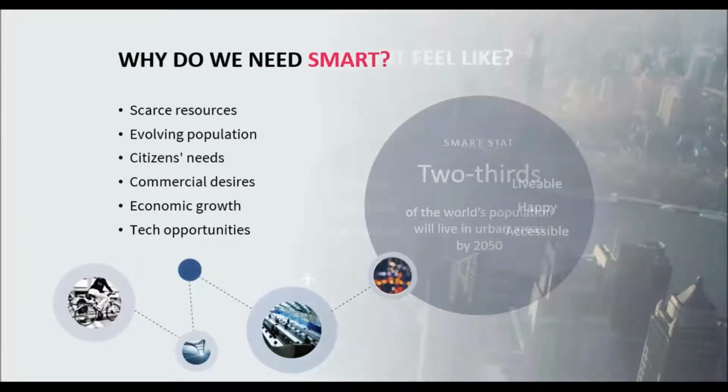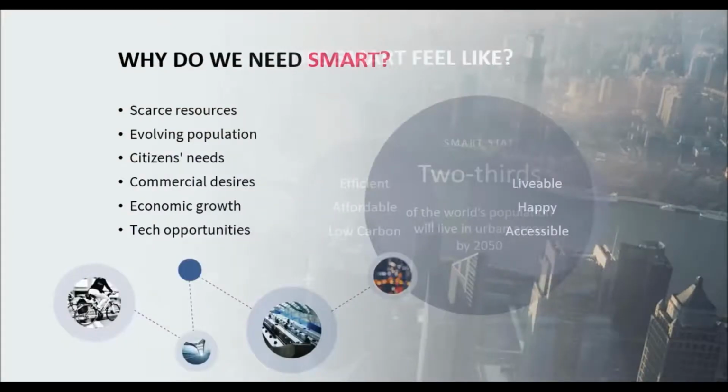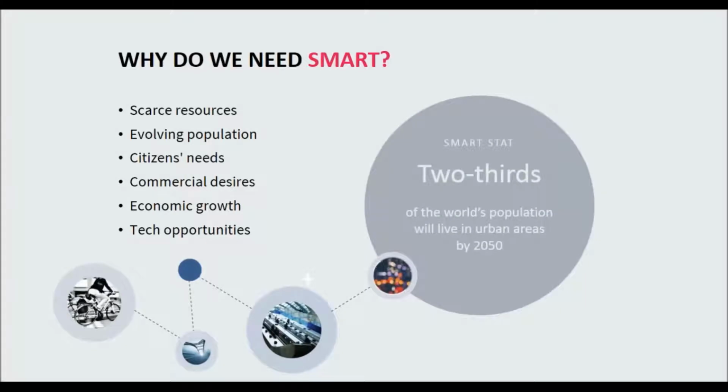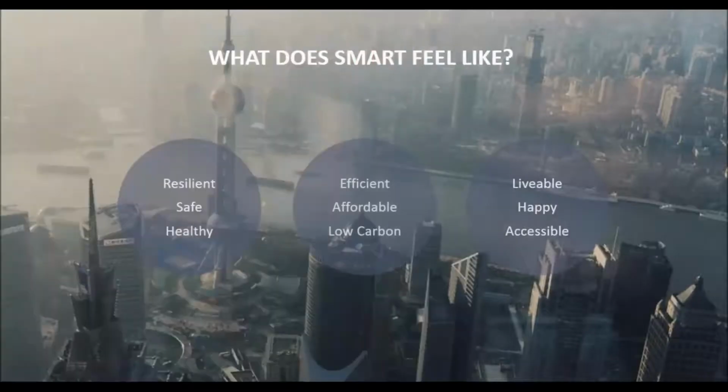But it really deals with management of scarce resources, with evolving population, with cities' needs, with the experience that citizens will actually have in cities, with commercial growth. I think we're seeing competition between different cities for both capital and talent unfolding, and there's a particular link to technology and economic growth with that as well.